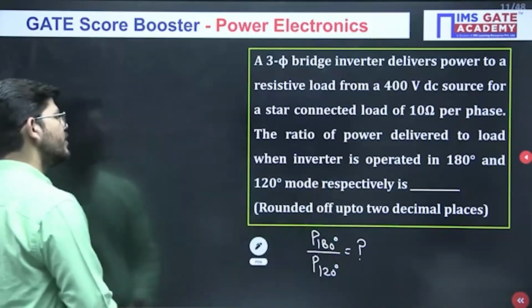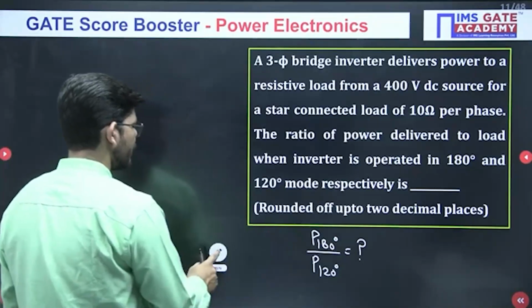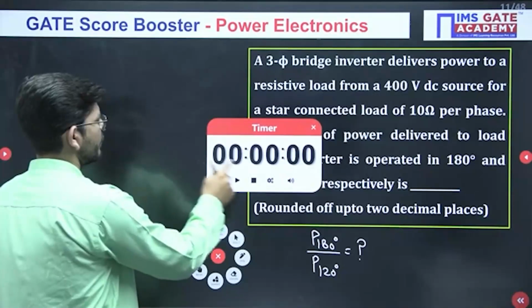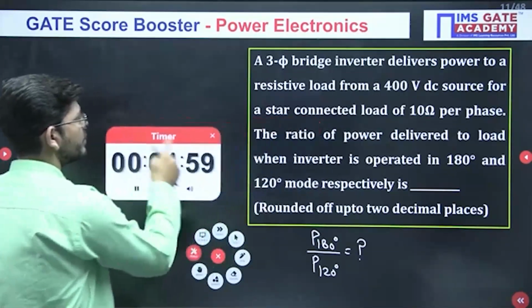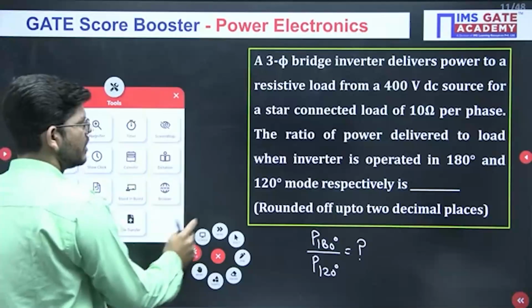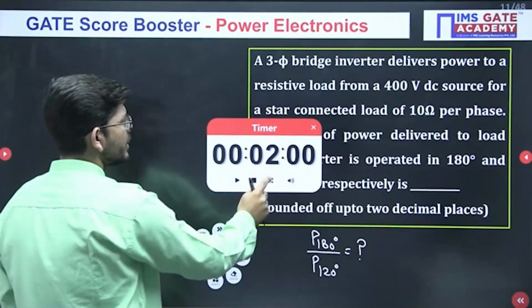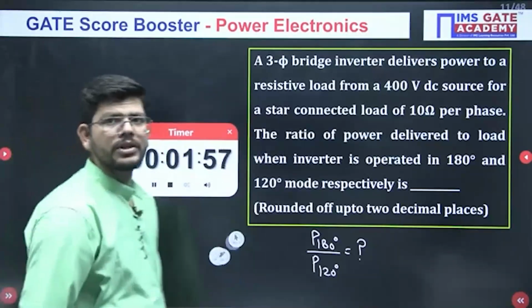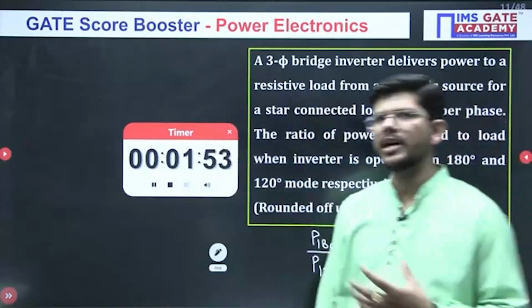Okay, and your time starts now. And I call this a very interesting question, an ideal question for GATE, because it has all the recipe to become a GATE question.